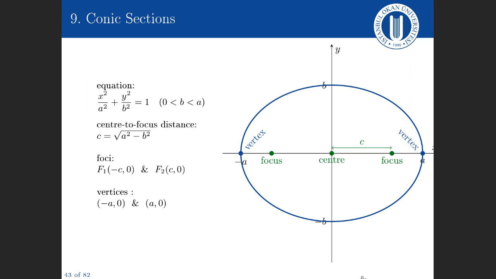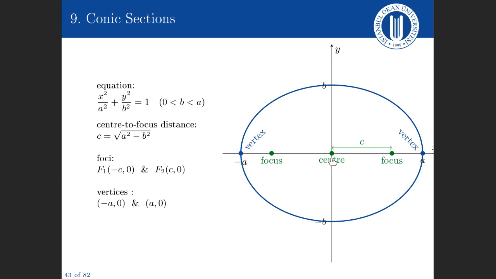Here is a picture of this ellipse. We have the equation x squared over a squared plus y squared over b squared is equal to 1, where 0 is less than b is less than a. Our ellipse crosses the x-axis at a and minus a. It crosses the y-axis at b and minus b.